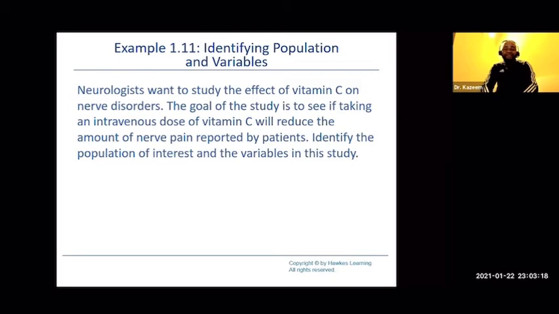It has a medicinal benefit. So neurologists want to study the effect of vitamin C on nerve disorders. And the goal of the study is to see if taking an intravenous dose of vitamin C will reduce the amount of nerve pain reported by patients. That is what they want to do.